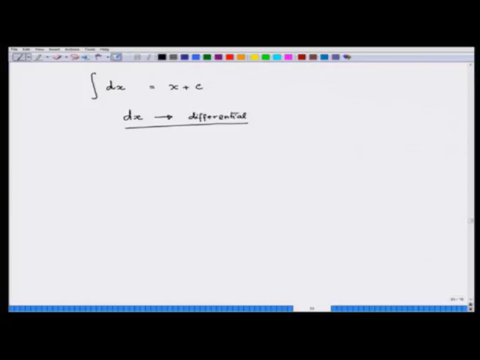Now, if I go by Taylor's expansion of a function at x plus h, when h is very small, then I can write it as f of x, I just want to make a first order expansion, h.